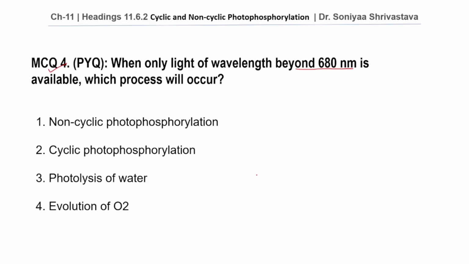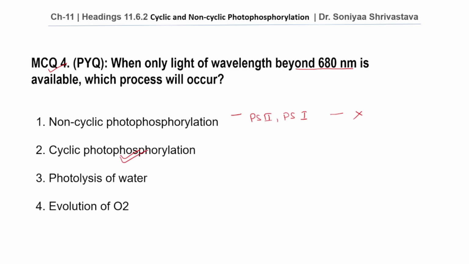So let's see our options. Non-cyclic photophosphorylation requires both PS2 and PS1 working together. If PS2 is inactive, the non-cyclic pathway cannot operate. This option is wrong.